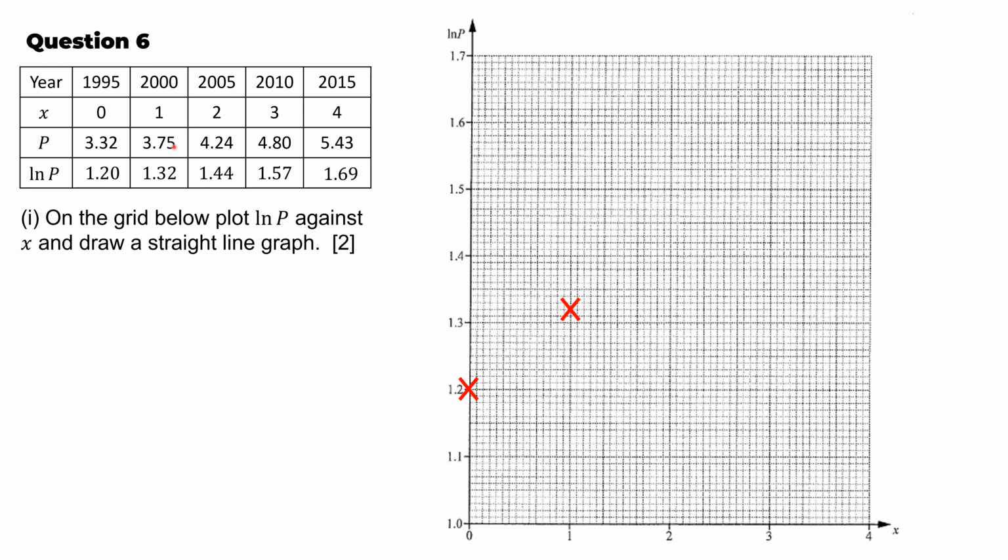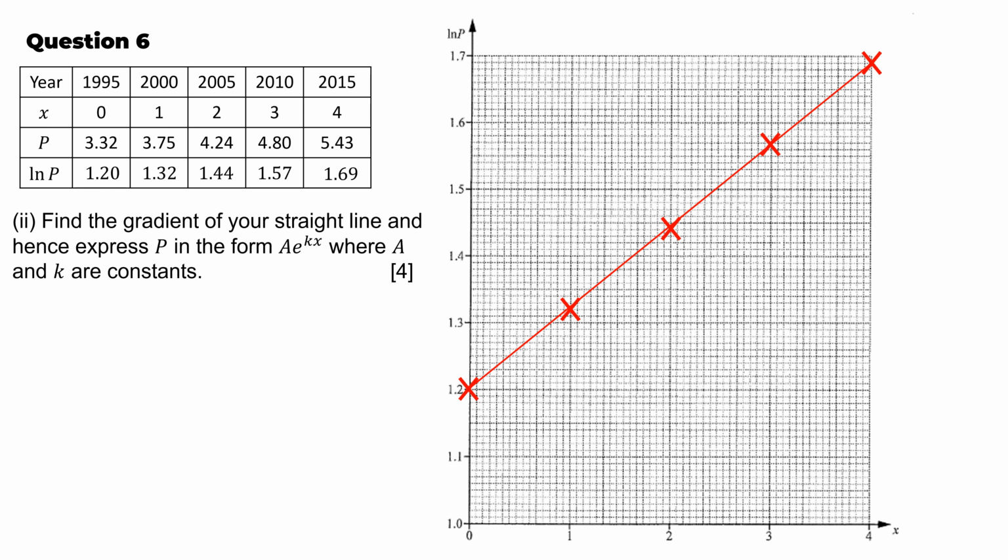The next one, x is 2, ln P is 1.44. Next, x is 3, ln P is 1.57. And the last point, 4 and 1.69. Then we just use a ruler to draw a straight line and connect all these points. So this is the graph for the first part that we need to draw.